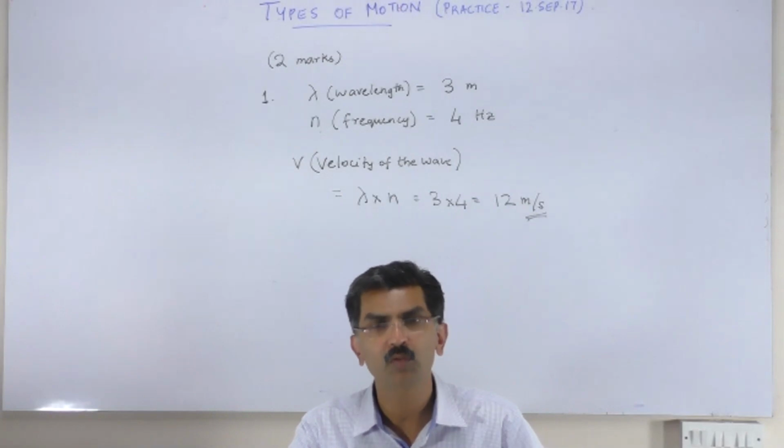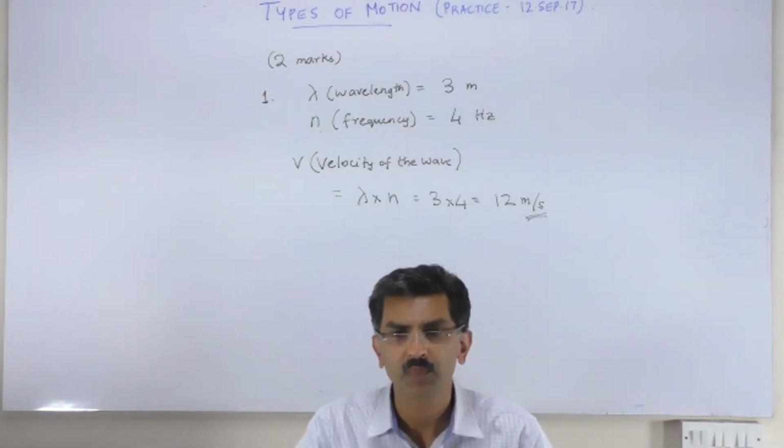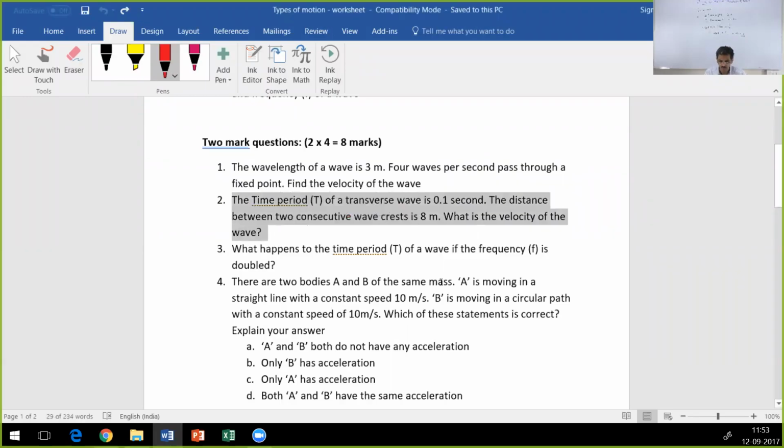The next question is also of a similar kind. I will show you what it is. Please write the question down. The time period T of a transverse wave is 0.1 second. And the distance between 2 consecutive wave crests is 8 meters.